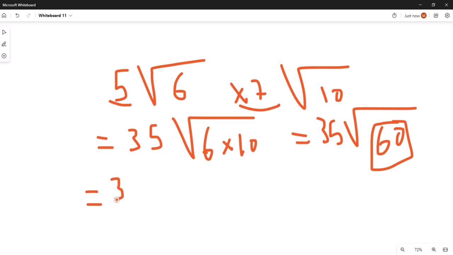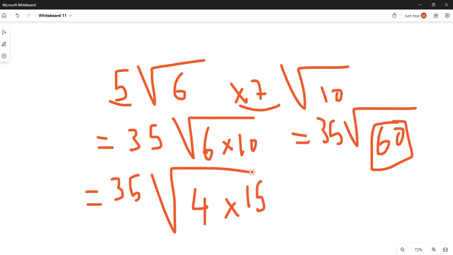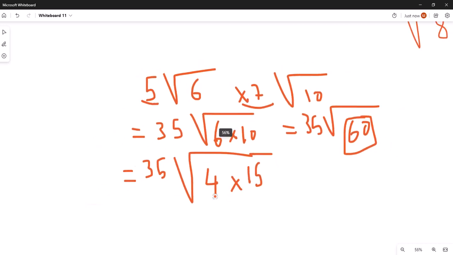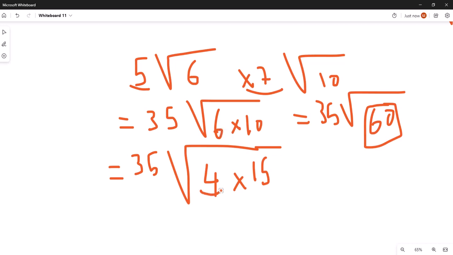Those two numbers could be 35 square root of 4 times 15. So now this first number could go outside because we know that square root of 4 is 2. So that becomes 70 square root of 15.